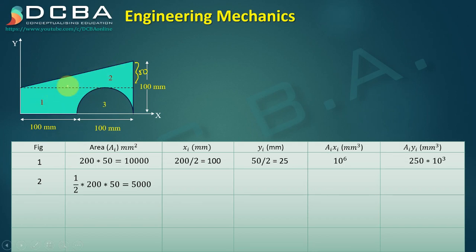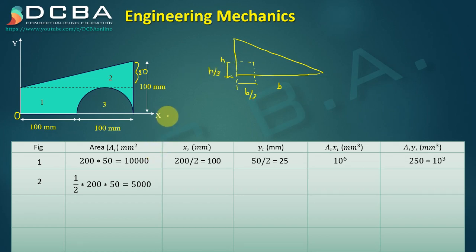Now xi, the centroid of a triangle from this point O. This is what we want. The centroid of a right angle triangle, if this is B and this is H, from this point it is B by 3, and from here it is H by 3, right?